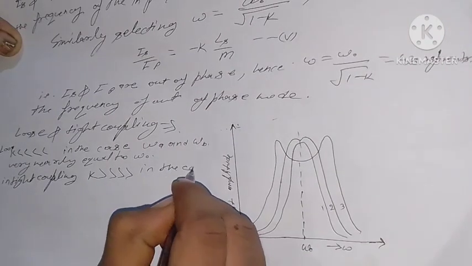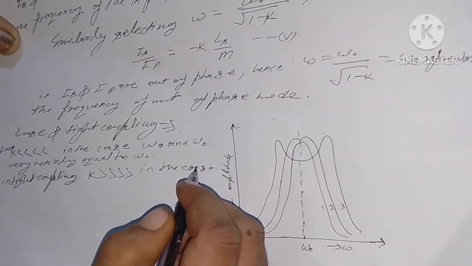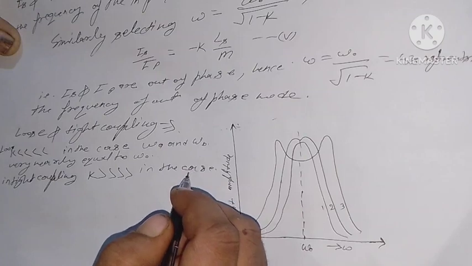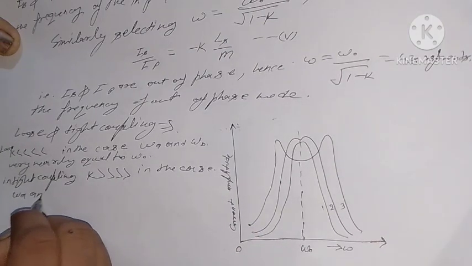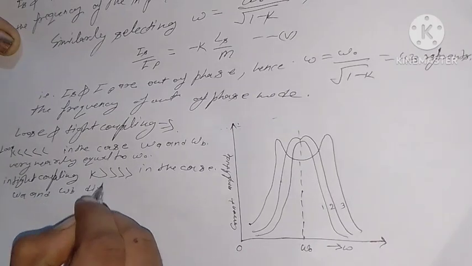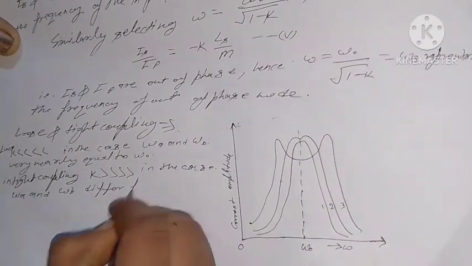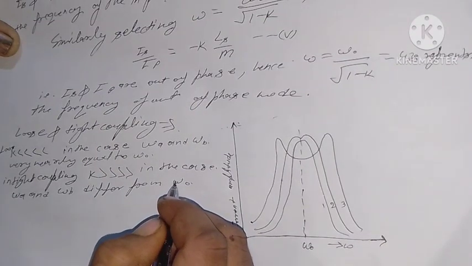In this case K is very nearly equal to unity, so that omega A and omega B differ from omega naught by a large quantity.